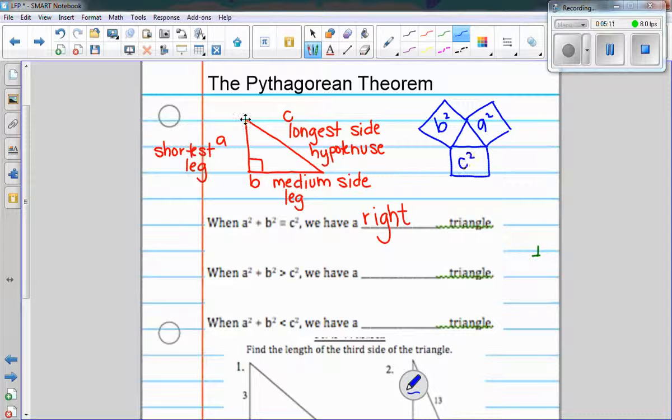So if A squared plus B squared is greater than C squared, you have an acute triangle. And so that way, if the only information you have is side lengths, you could still figure out what kind of triangle it is.